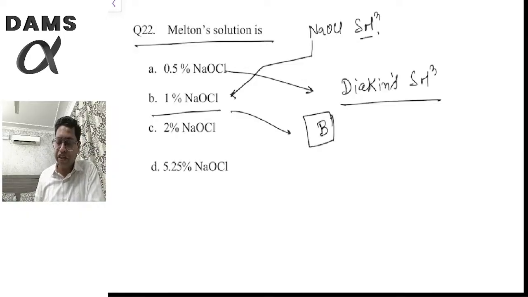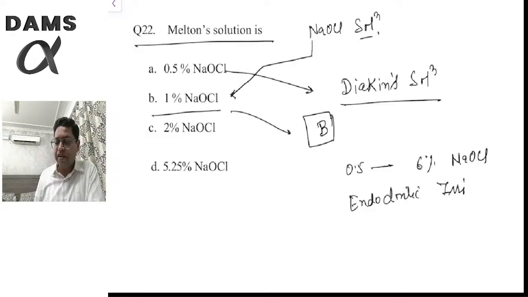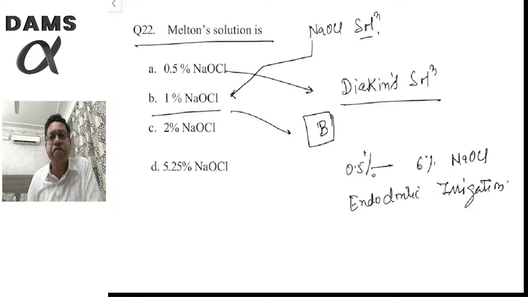For endodontic irrigation, we use 0.5 to 6% sodium hypochlorite. These are the range of concentrations used for flushing of the root canal. 0.5% is Aitken's solution and 1% is Melton's solution. These are the names of the persons who first used these solutions.